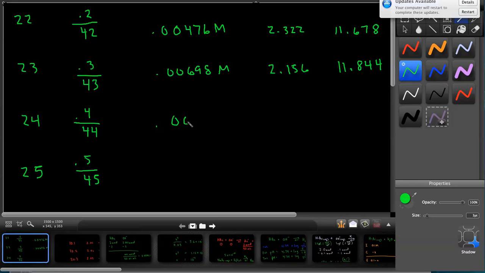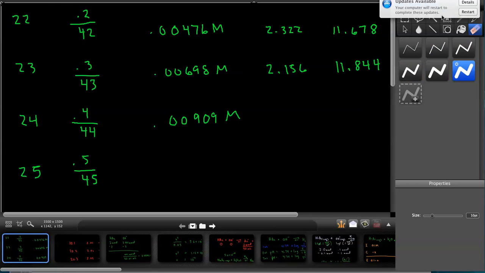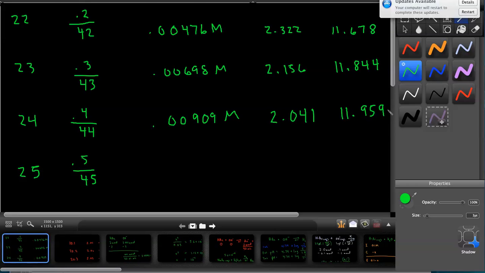0.00909 molar. pOH of 2.041, pH of 11.959.